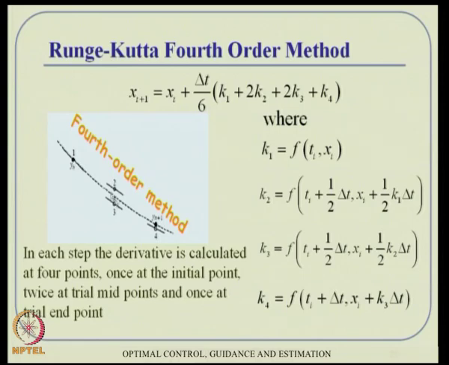Then it attempts to find some approximate slopes here. At point number 1 you already have the slope, it predicts the slope at point number 2, point number 3, point number 4, and then tries to fit a polynomial in between and evaluates that. Using this polynomial you will be able to march ahead with the solution with much more accuracy. That is the philosophy.